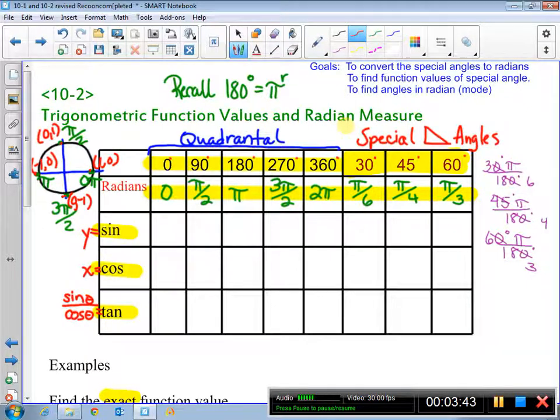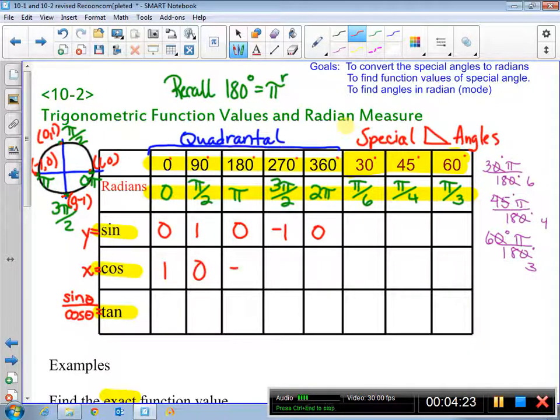So let's walk around the unit circle and find the y values for 0 degrees or 0 radians. The y value for pi over 2 radians. The y value for pi. The y value for 3 pi over 2. And the y value back at 360. Then the x coordinate in the unit circle for 0 radians, the x coordinate is 1. For pi over 2, or 90 degrees, the x value is 0.